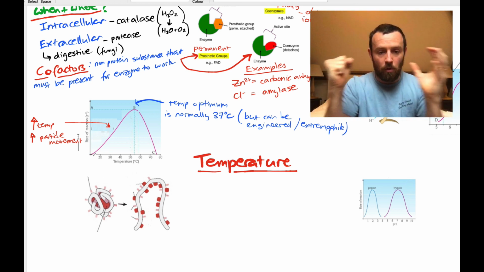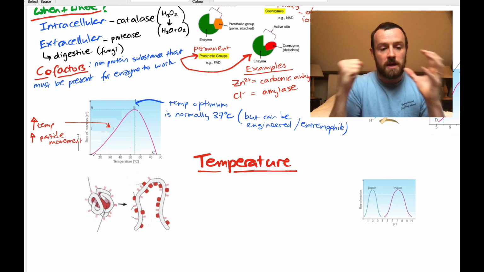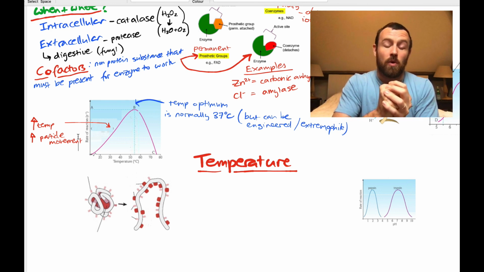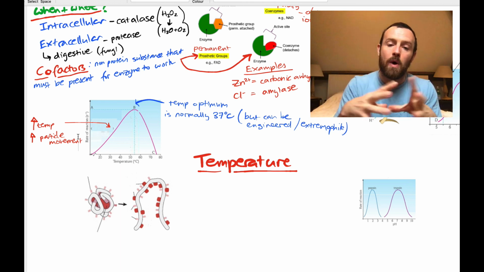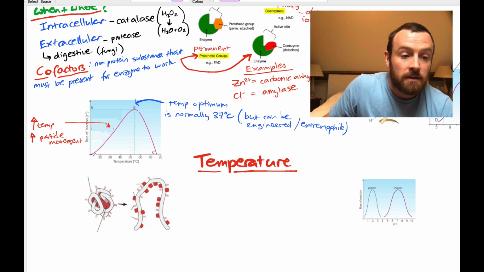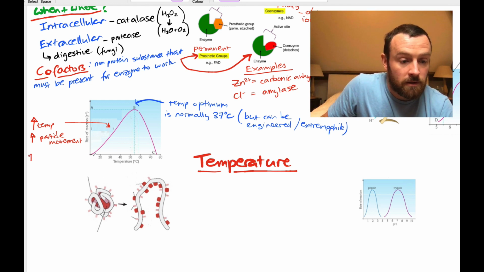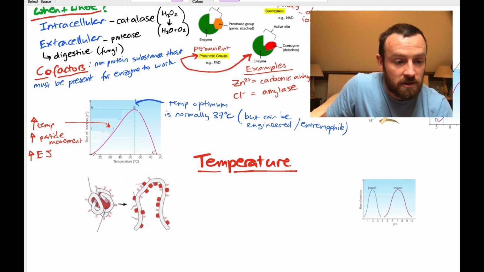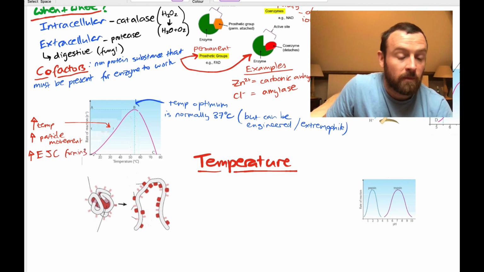That's going to happen more frequently, so therefore, as we increase the particle movement, there's more collisions between enzyme and substrate, more enzyme-substrate complexes forming. That's the key thing that you've got to say. So I'll put that there. So increasing in ESC, okay? ESC stands for enzyme-substrate complex. More enzyme-substrate complexes forming, and therefore a faster reaction.